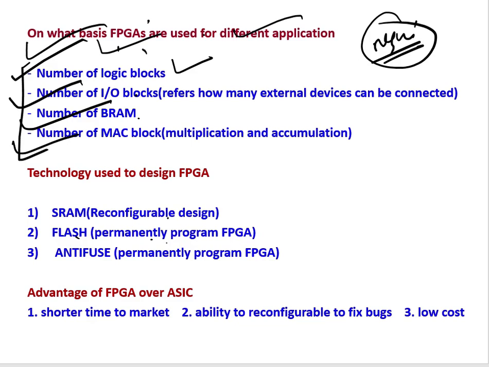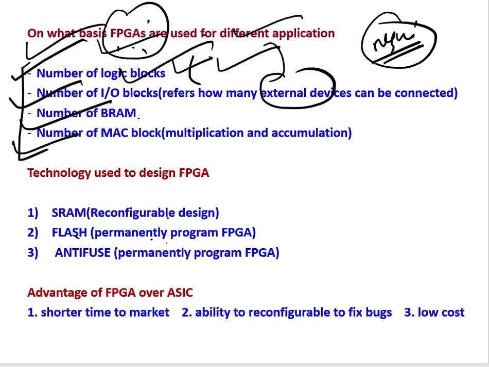Okay, so if your requirement is more logic blocks, if it is a bigger project or bigger circuit that you want to implement, then you go with an FPGA having more logic blocks. If you want to connect many external devices to your FPGA, then you go with an FPGA having more IO blocks.